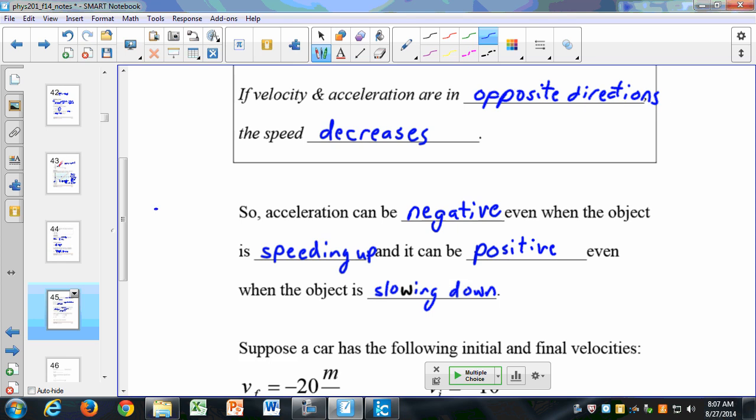All right. Also, negative acceleration does not mean deceleration. All right. Remember, when we're talking about vectors, our negative refers to direction, not the rate of change. And deceleration implies a rate of change. All right. My negative only gives the direction.